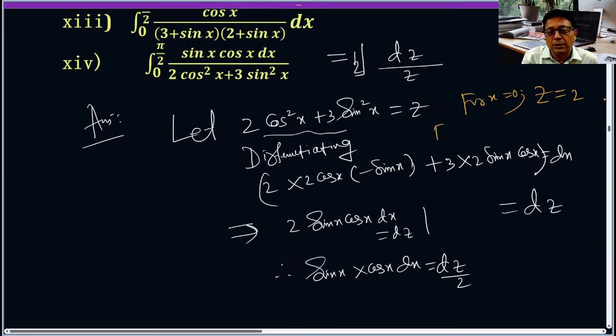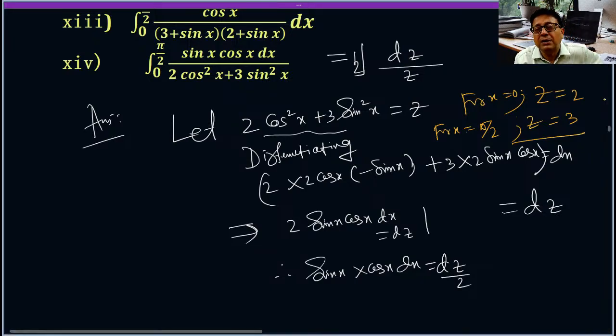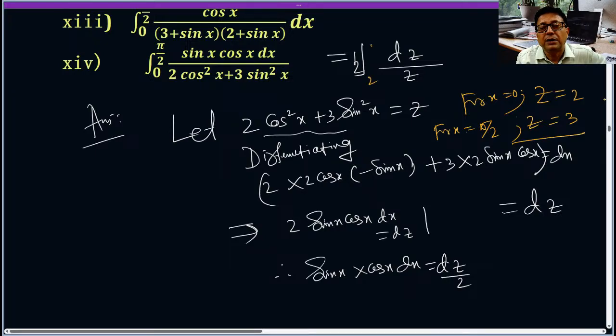And for x equal to pi by 2, z is equal to 3. Bas, done. 2 to 3. Isn't it? This one has integration log z 2 to 3. Clear?